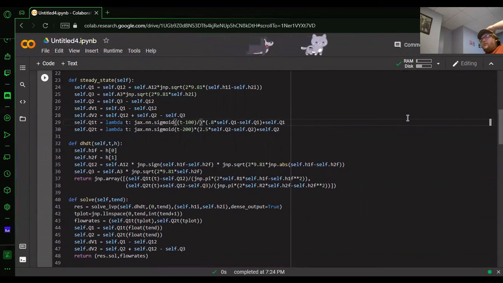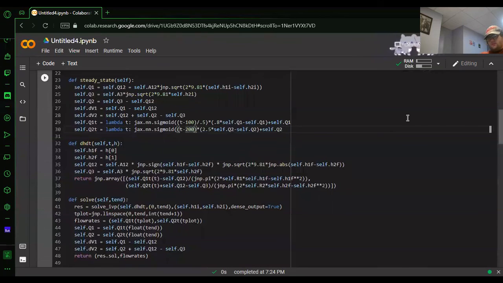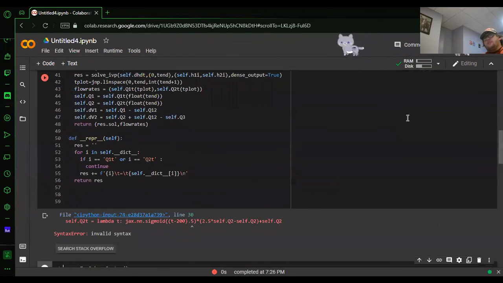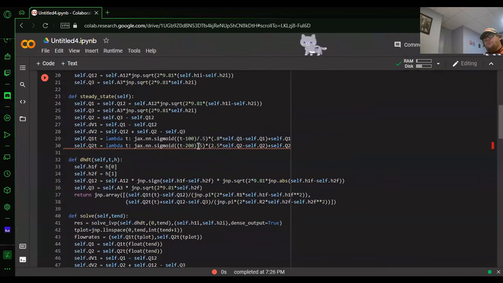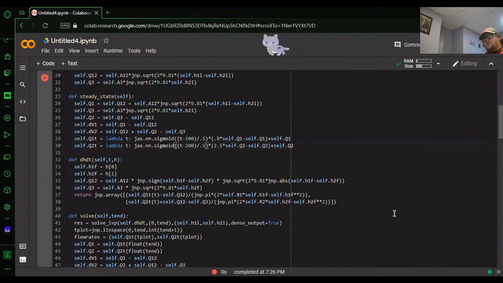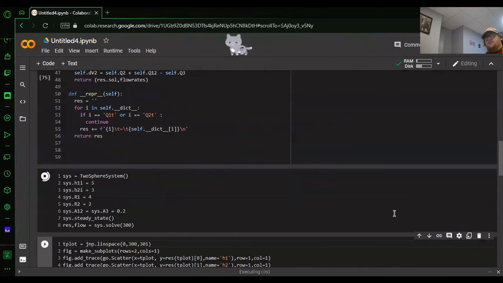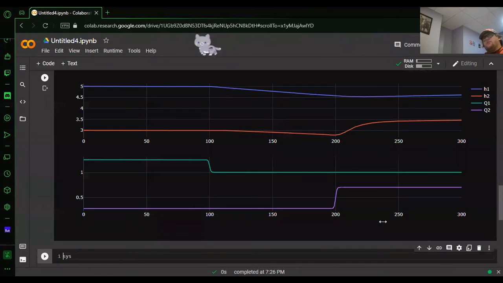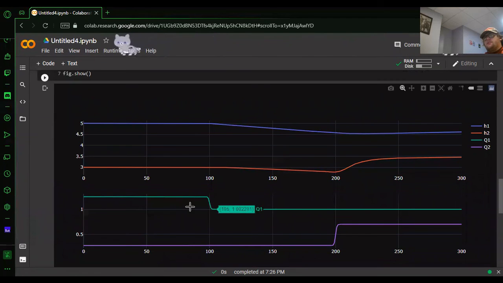So initially we had 1, so you wanted a scale of 0.5 for both of these. Oops, got a divide sign. All right, and as you can see, our little switches got a little smaller.